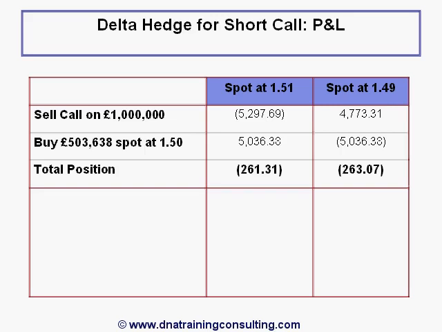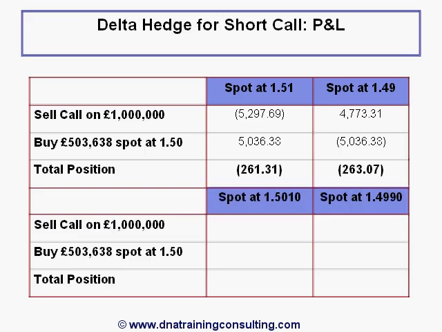The key point to note here is that while each component of the trader's position changes by something close to $5,000 in value when the spot changes in either direction, up or down, the aggregate position for the trader loses only some $260 or so because the two components have moved by roughly equal and opposite amounts.